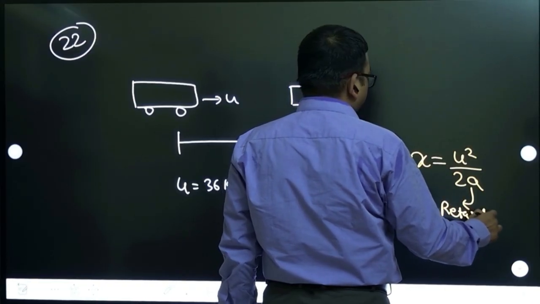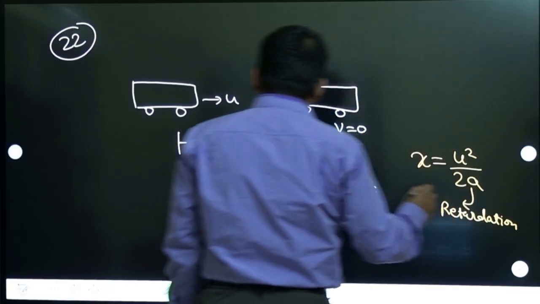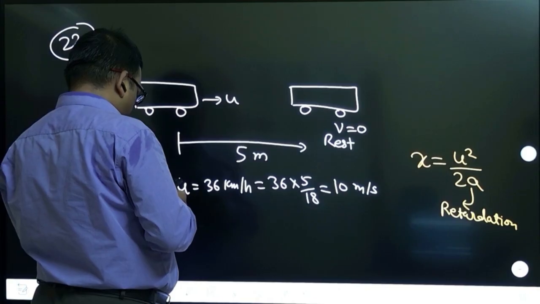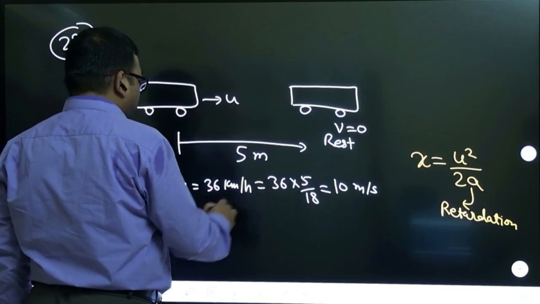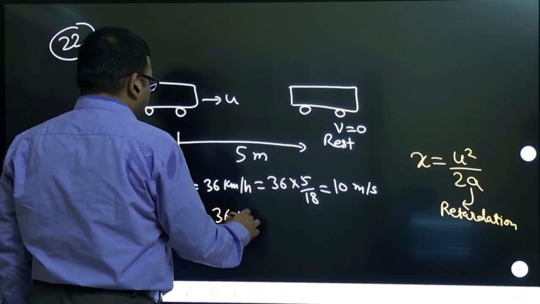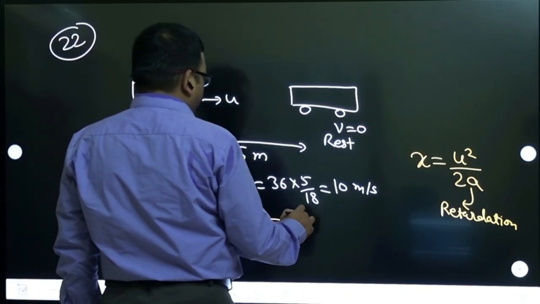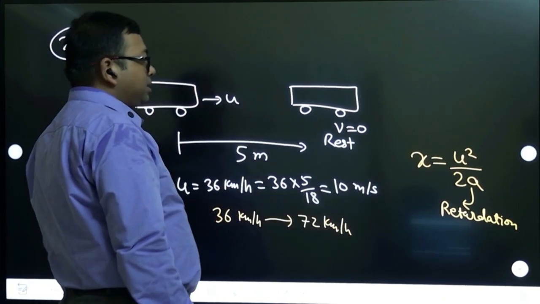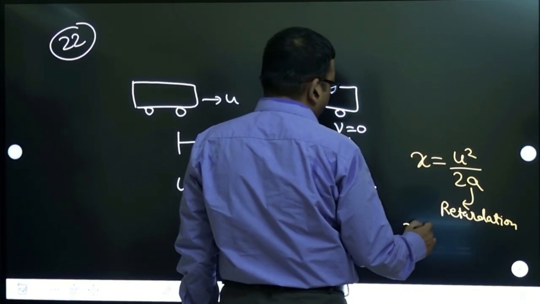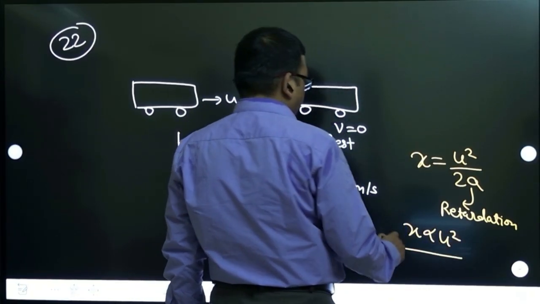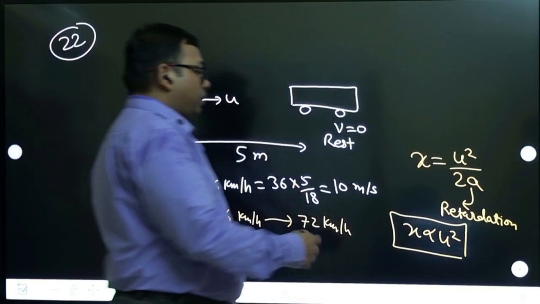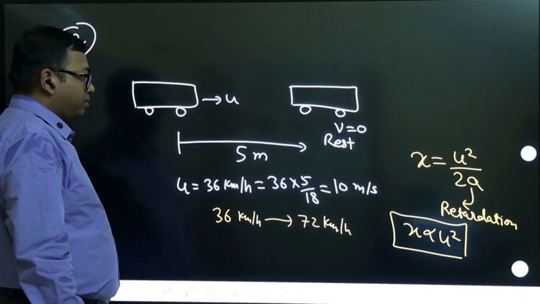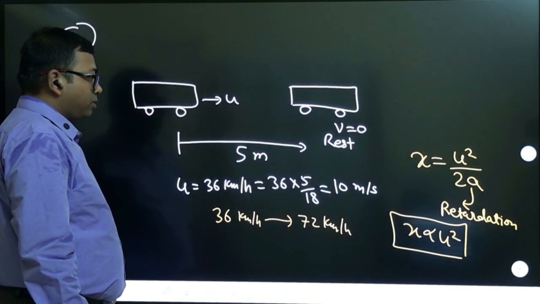Now, what will happen if you change the speed? If you make the speed double, from 36 to 72 kilometers per hour, how will x change? Since x is proportional to u squared, if you double the speed, x becomes 4 times.